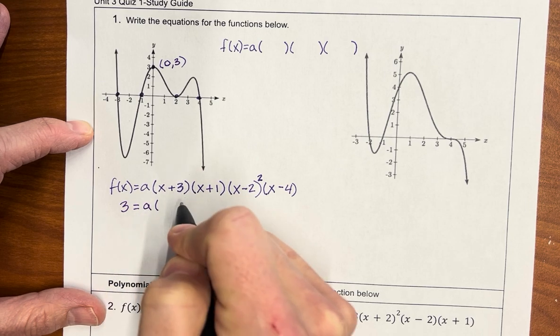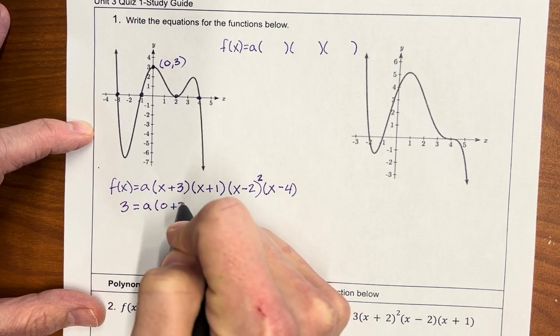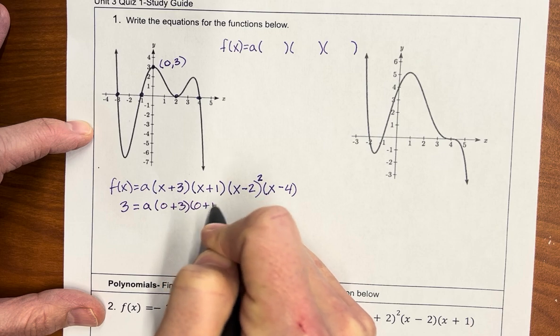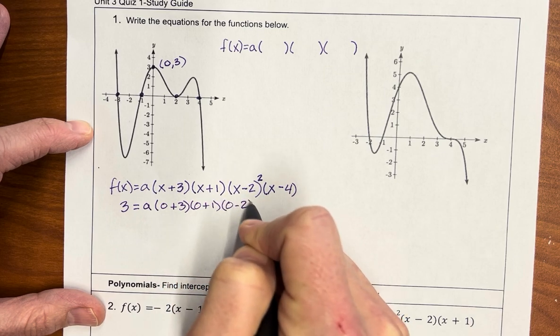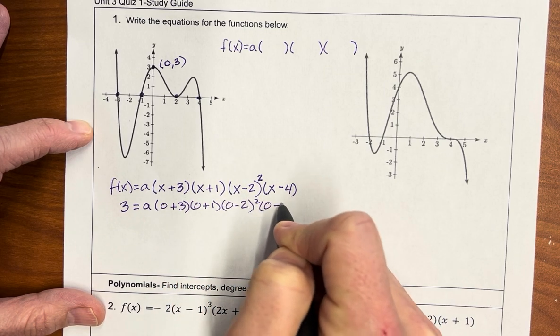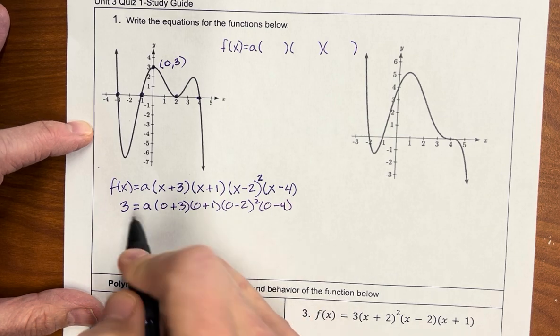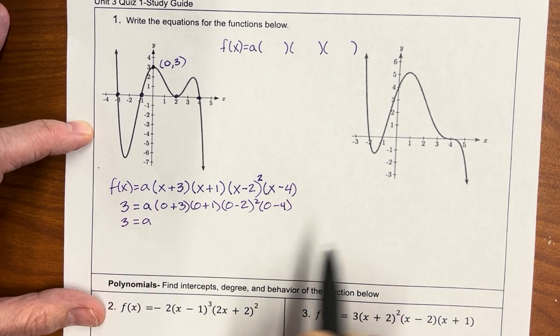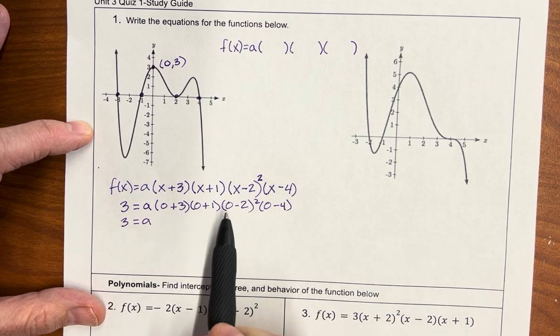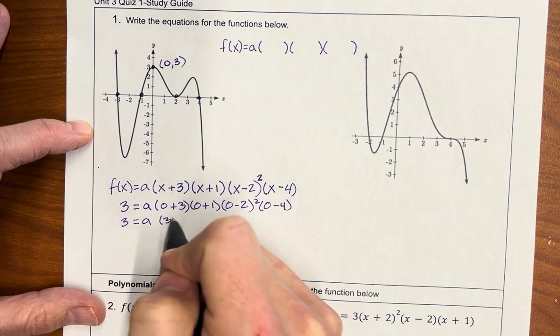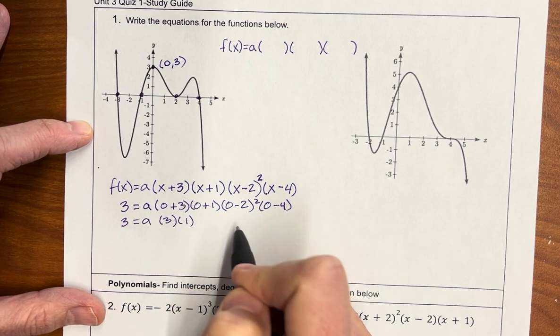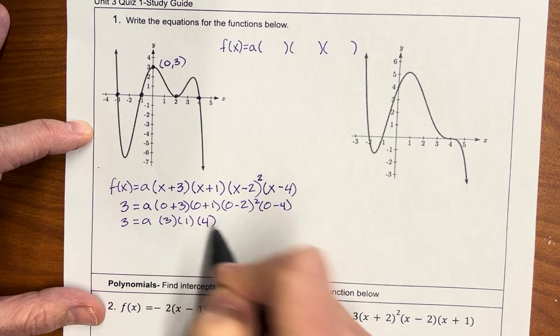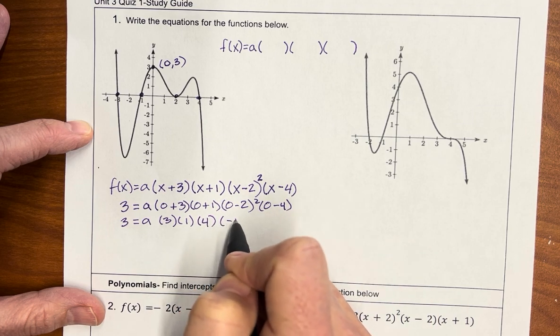So I'm going to do a times 0 plus 3 times 0 plus 1 times 0 minus 2 squared times 0 minus 4. So if I simplify this, multiply all of these things together, I have 3 times 1 times -2 squared is 4 times -4.